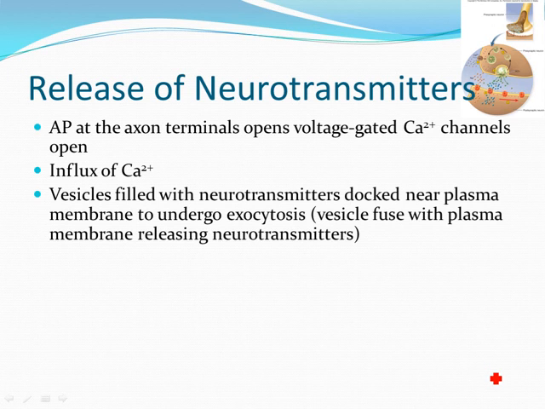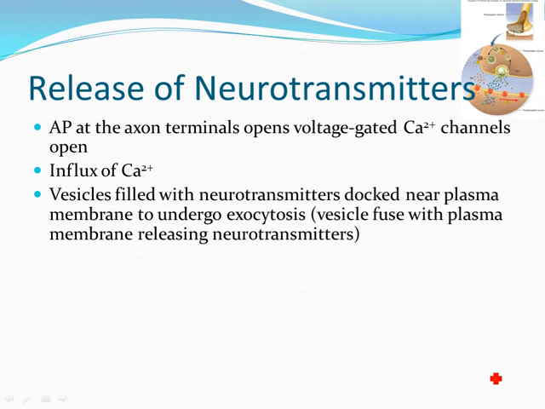Once calcium goes into the cell, it causes a series of events. The vesicles with neurotransmitters are already docked near the plasma membrane, but not fused with it yet. Once the calcium comes in, it causes that fusion. What is that process called again, where the vesicles fuse and expel their contents? Exocytosis, very good.